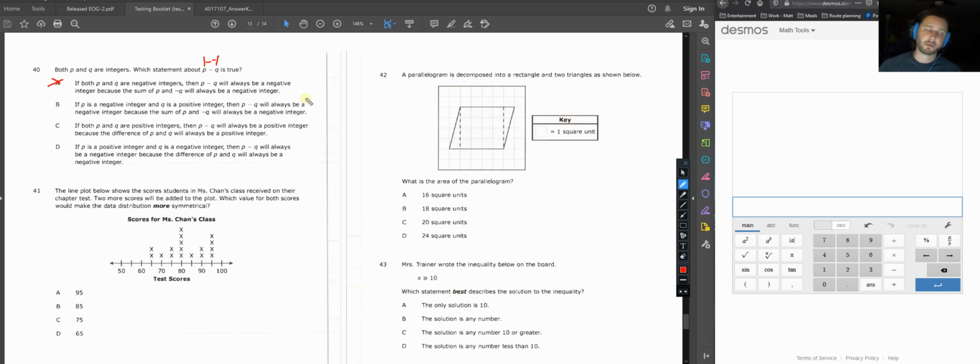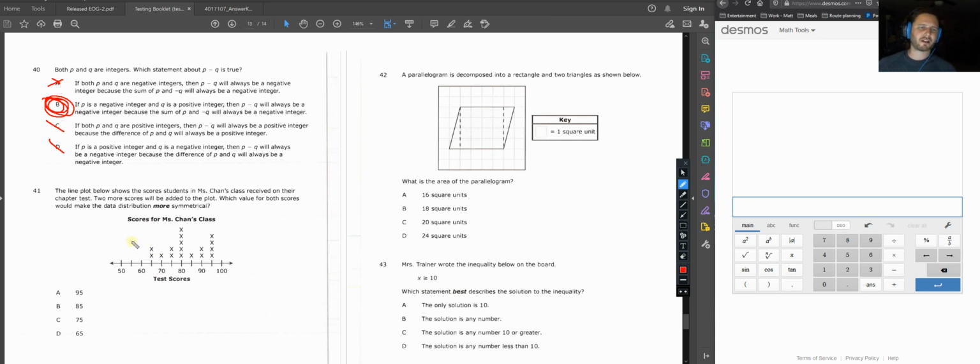No. We talked about this a moment ago. Double negatives become positives. So 1 plus 1 is most certainly not negative. It is definitely positive 2. So with C and D out, B was the only one that held up simply by replacing with positive or negative 1. That's all we had to do to check for number 40, and that's all you really have to do as well.